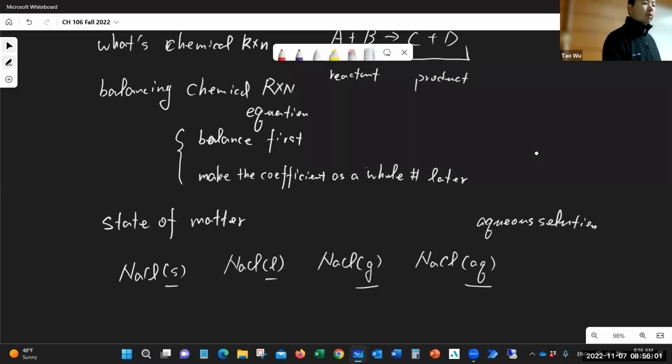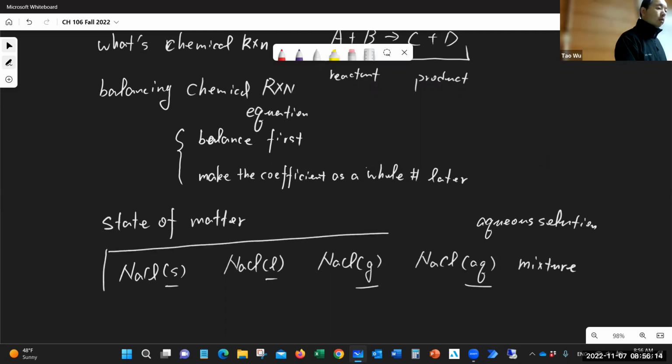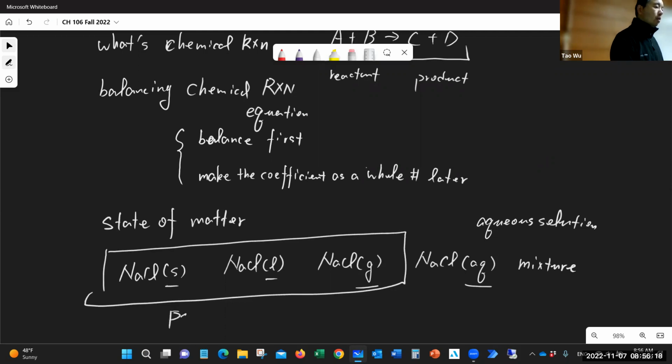Sodium chloride aqueous means this is a solution, and a solution we know is a mixture, right? It's a mixture because it's sodium chloride mixed with water. But those other three are pure substances.